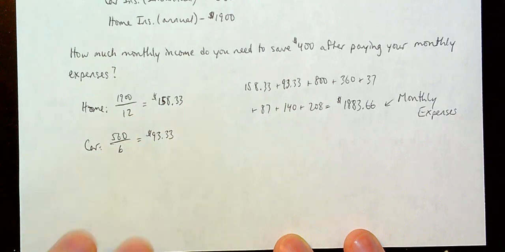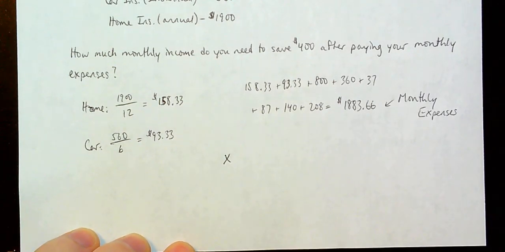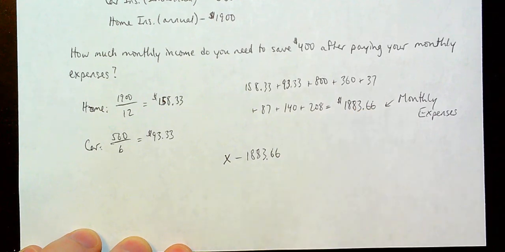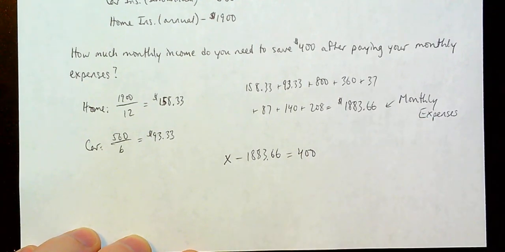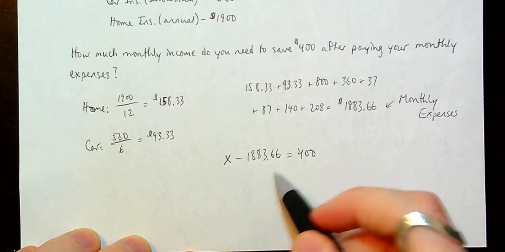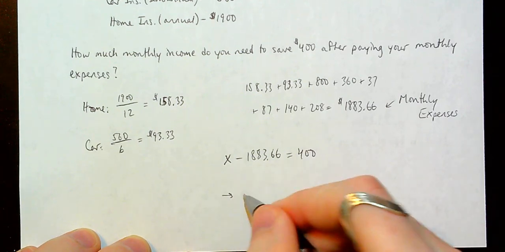monthly costs? So my income, which I'll represent by this unknown quantity X, minus my monthly costs of $1,883.66 has to equal 400. So to solve for this X value, I'm going to add this $1,883.66 onto each side.